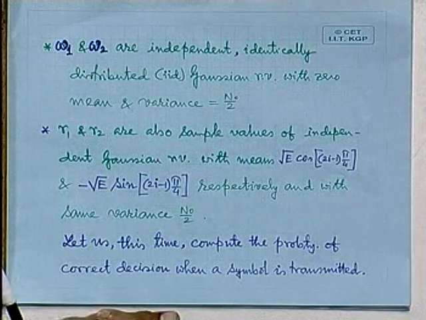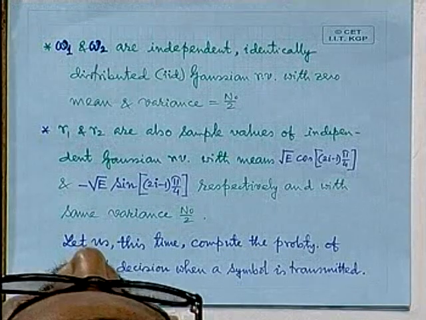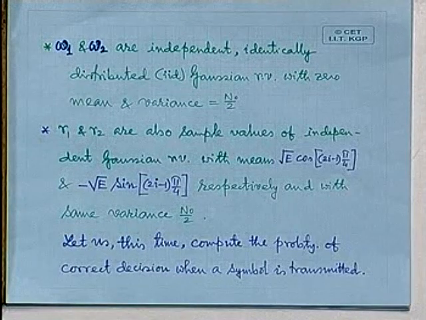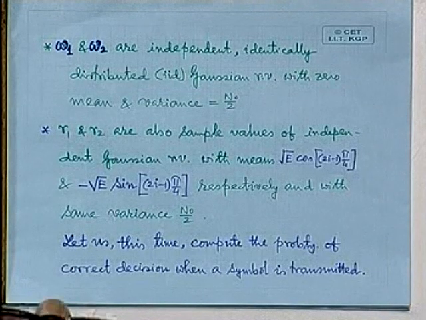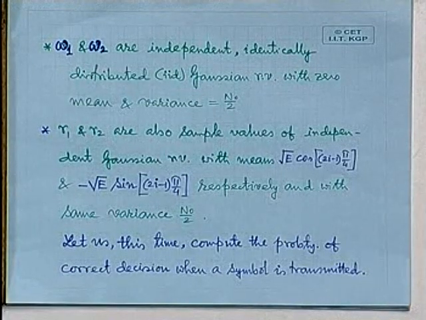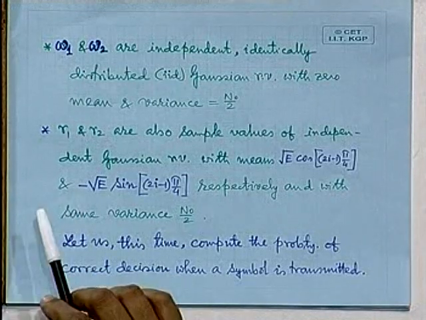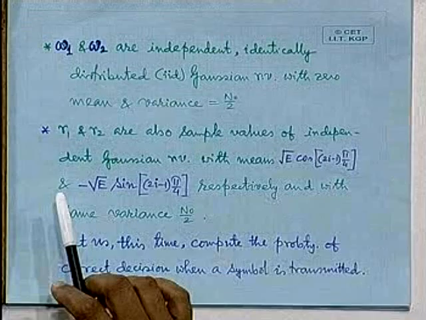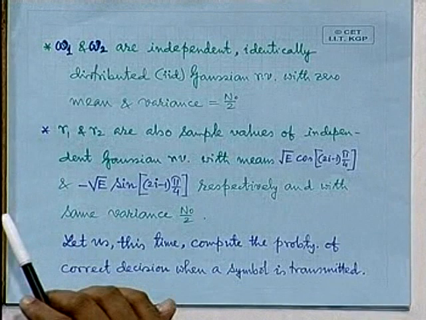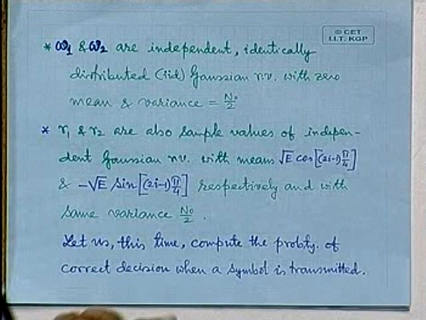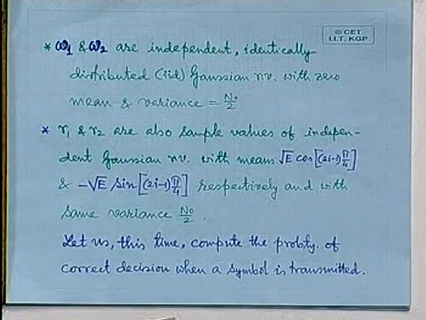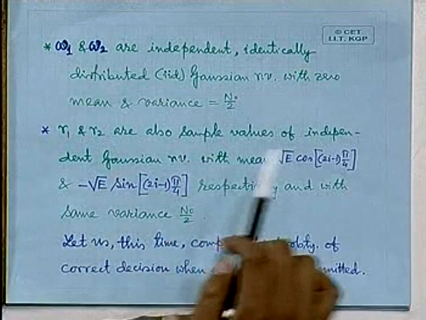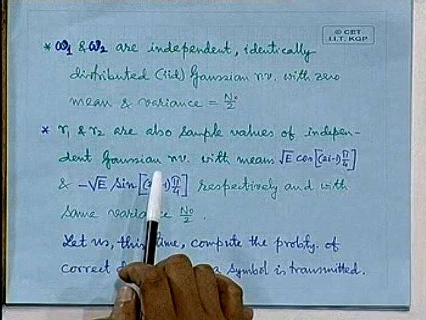So, here we will have two noise samples at the output of the correlator bank, coupled with the corresponding signal components SI1 and SI2. And because R1, for example, was W1 plus some fixed quantity and R2 similarly was W2 plus another fixed quantity, we can say that R1 and R2 are also sample values of independent Gaussian random variables.